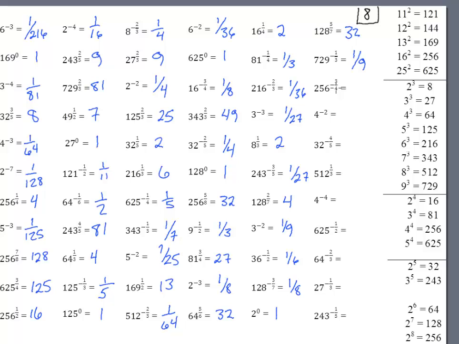256, fourth root of that is, better look at that, 256, fourth root is 4, cubed is 64, put it on the bottom. 4 squared is 16 on the bottom. 32, fifth root of that is 2 to the 4th power is 16, and that's a negative exponent. 512, cube root, that is just 8. 4 to the 4th power is 256, and that's on the bottom, 1 over 256, tiny little number. 625 to the negative 1/2, so square root that, and you get 25, and it's a denominator. 64, cube root is 4, squared is 16, and that's on the bottom. 27 to the negative 1/3 power, cube root of 27 is 3, and that's a negative exponent.